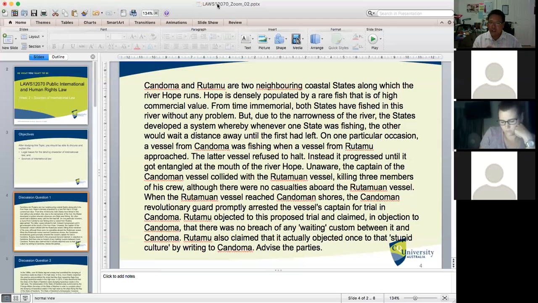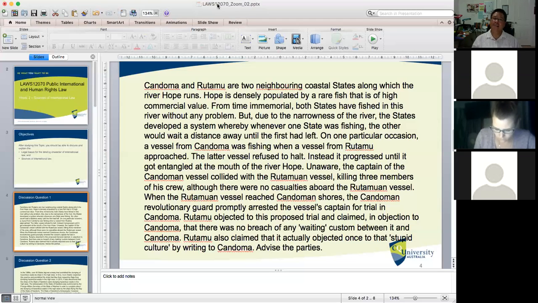Now, what is crucial in international law is that consistent state practice is treated differently from opinio juris. They're not the same. So just because you have consistent state practice doesn't necessarily mean that the consistent state practice is a result of a sense of legal obligation.